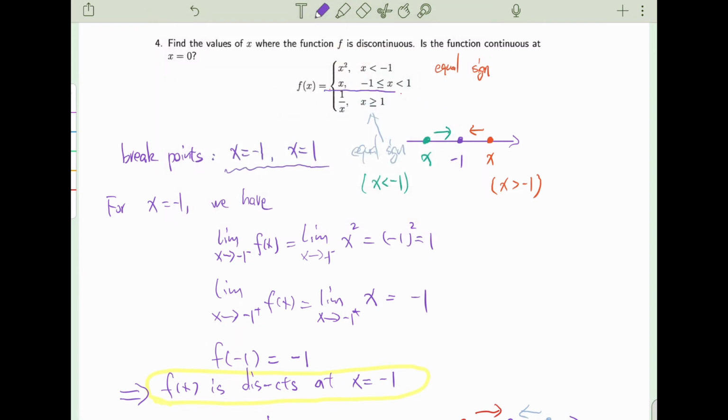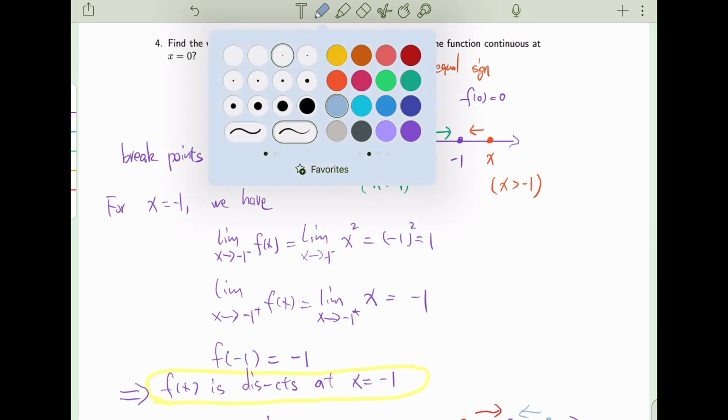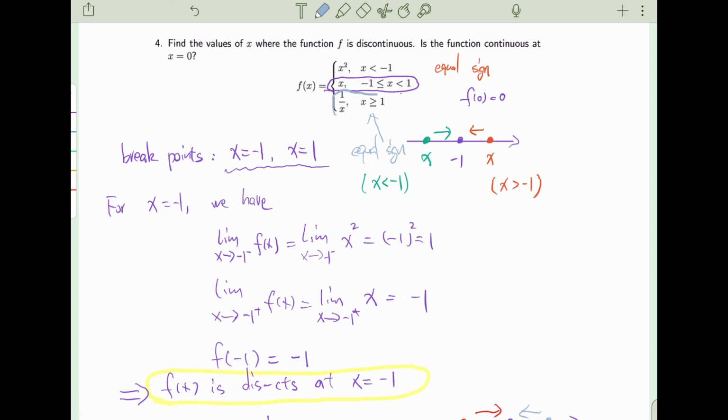Because 0 is in between 1 and -1, right? So f(0) is 0 in this case, right? Why is it not 1 over 0? Because this gray expression is only valid for those x's greater than or equal to 1.